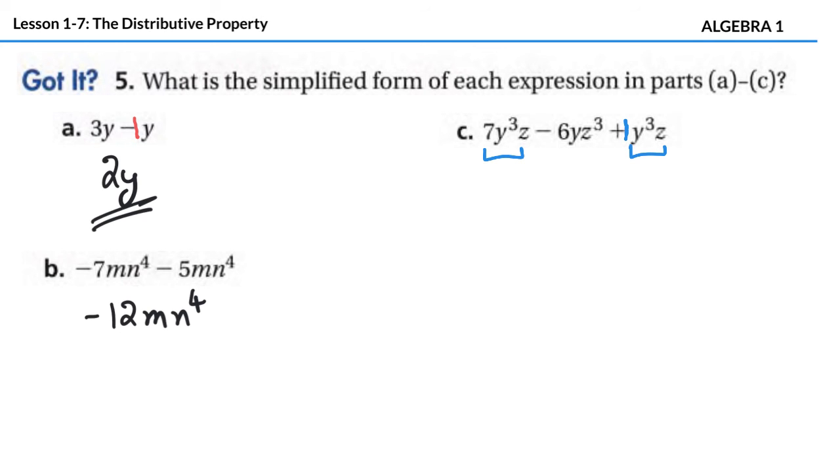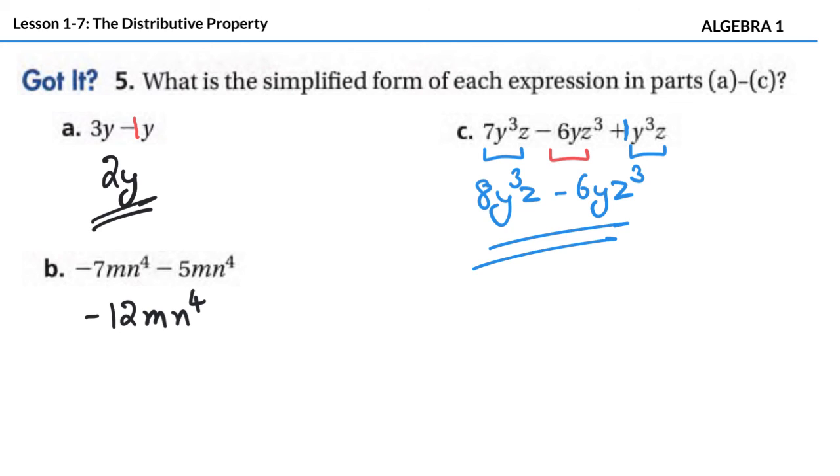It's understood. So now since they are like terms, can I add them? 7y cubed z plus 1y cubed z is going to be 8y cubed z. Do we have any like term for this? We don't have. So we write it down as it is. Minus 6yz cubed. That is the answer.